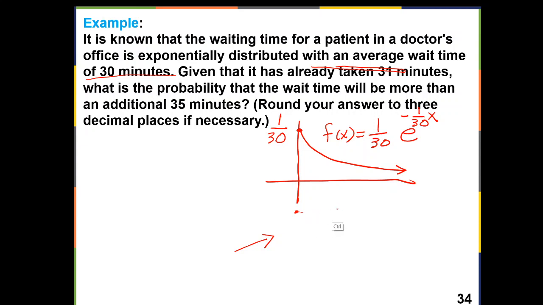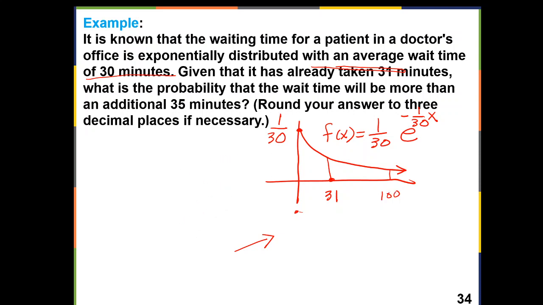Now, if you have waited 31 minutes already, it doesn't matter. Even after you waited 31 minutes, the rest of this is still exponential. It's the same formula to find the areas. It doesn't matter how long you've been waiting. You could go way over here and wait like 100 minutes. How do you find probabilities if you have waited 100 minutes already? It doesn't matter. It still would be the same formula.